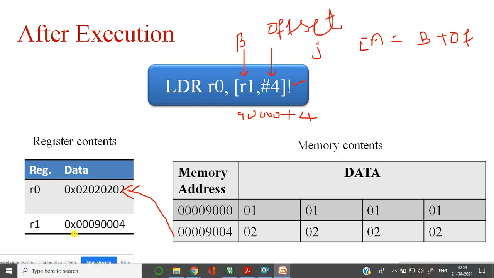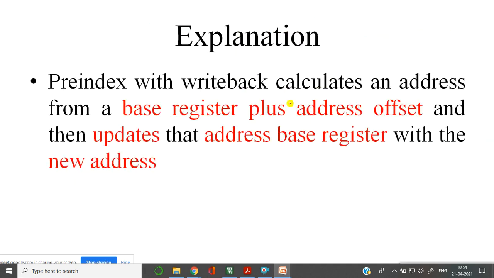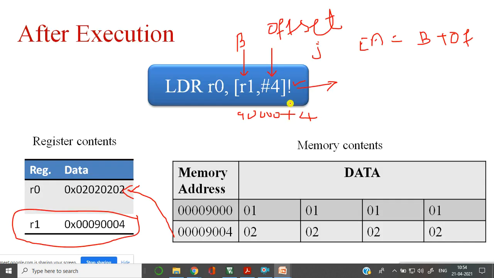What do you mean by write back? The base address is modified, or the base address is written with a new address, hence the name write back, and this operation is performed by the exclamatory mark. Now if I remove this exclamatory mark, what would be the output?